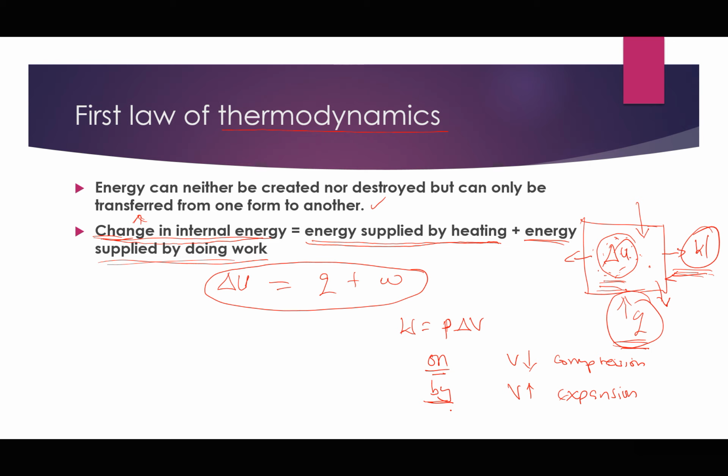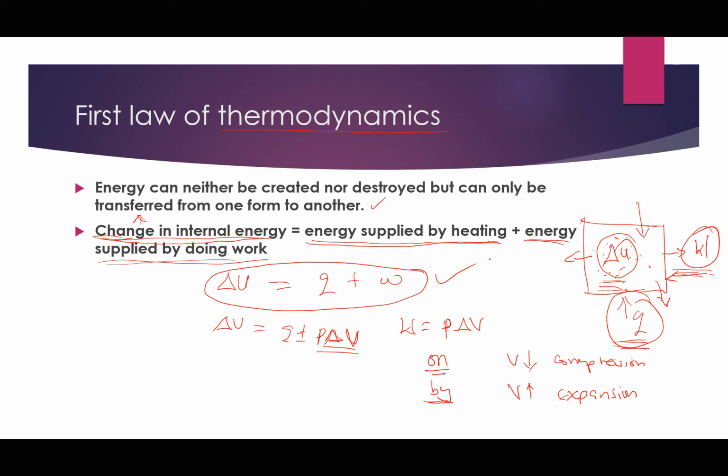So the energy within the system is actually reducing. So you must note this very well. So the change in internal energy can sometimes be written as Q plus or minus P delta V, where delta V is change in volume. But most likely you'll always write it as simply Q plus W.